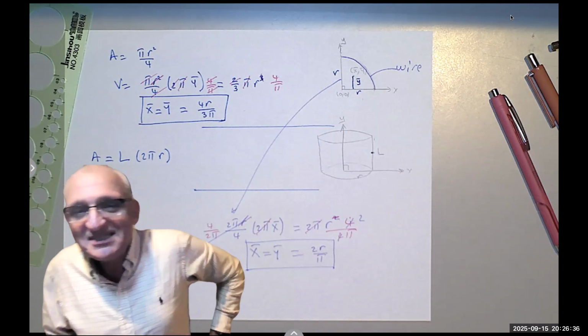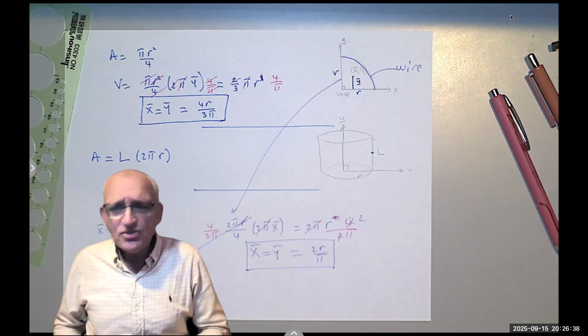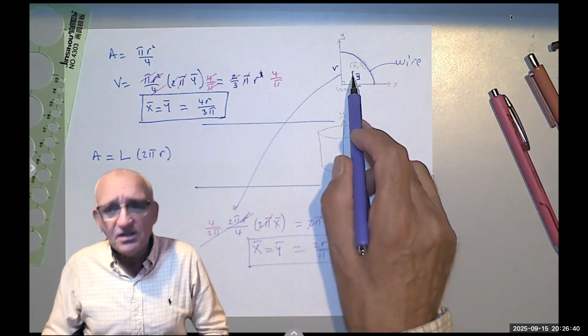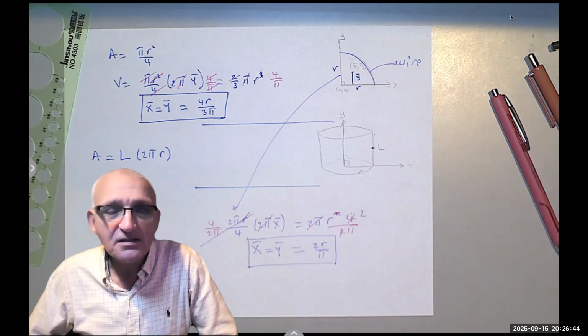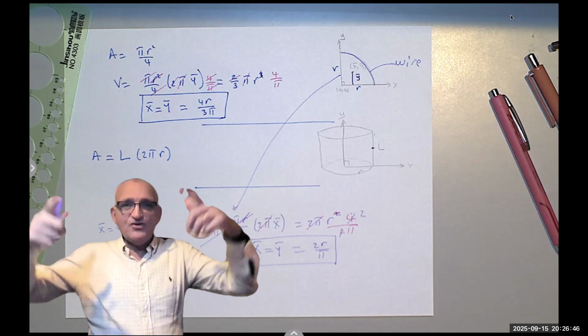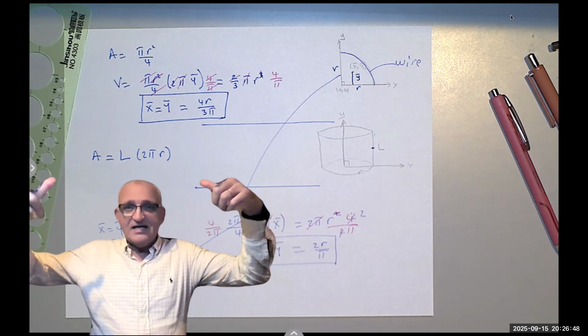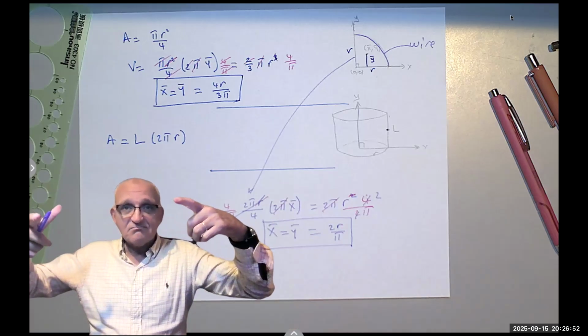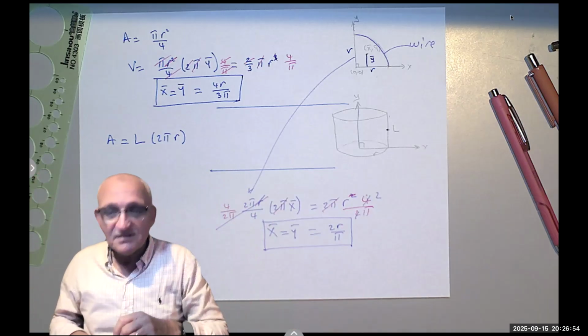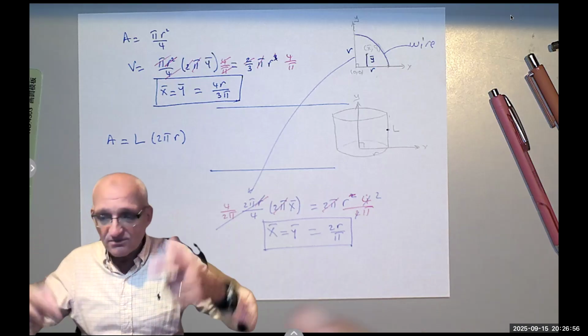Some people always come to me and say, how is the centroid out of, it's not on the line? Of course it's not. And so what? Have you ever seen lights that are circular? You have a light fixture that is circular, right?